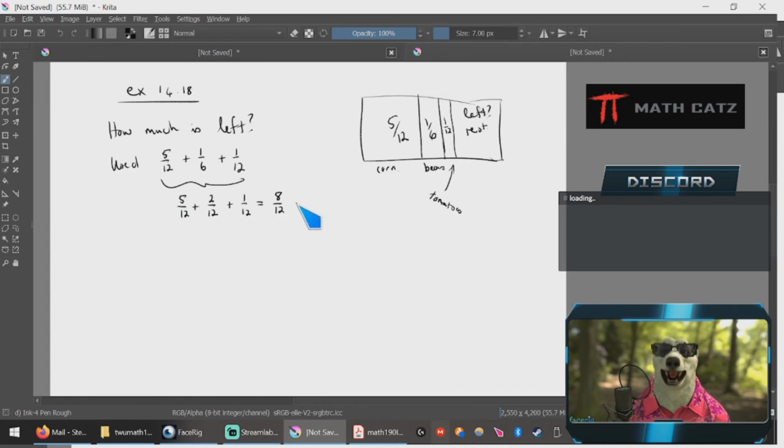So that is, I've used all of that with, or for, corn, beans, tomatoes, so far, 8/12. Now, of course, I can simplify that, right? Divide both sides by 2 to get 4/6.